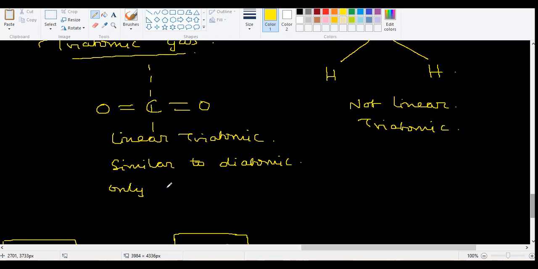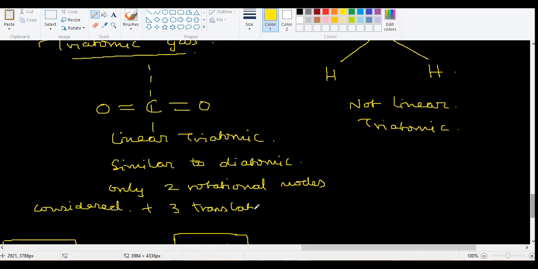Only two rotational modes considered, plus 3 translational modes. What do you mean by translational modes? X, Y, Z.